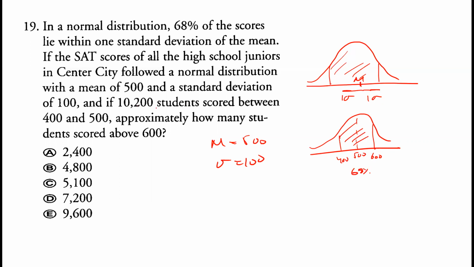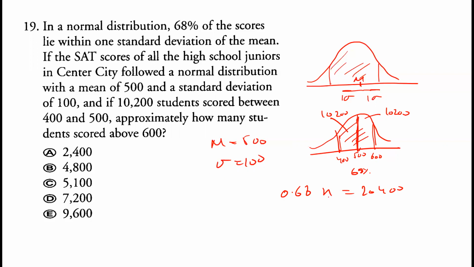And if 10,200 students scored between 400 and 500, so between these two brackets, if we have 10,200, then between 500 and 600, we will be having 10,200 as well, because it is a normal distribution. So 68% of X, the total number of students, is equal to 20,400.